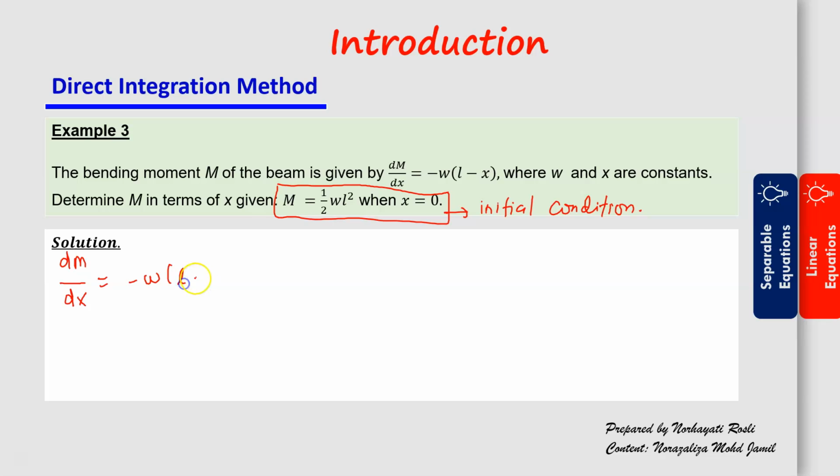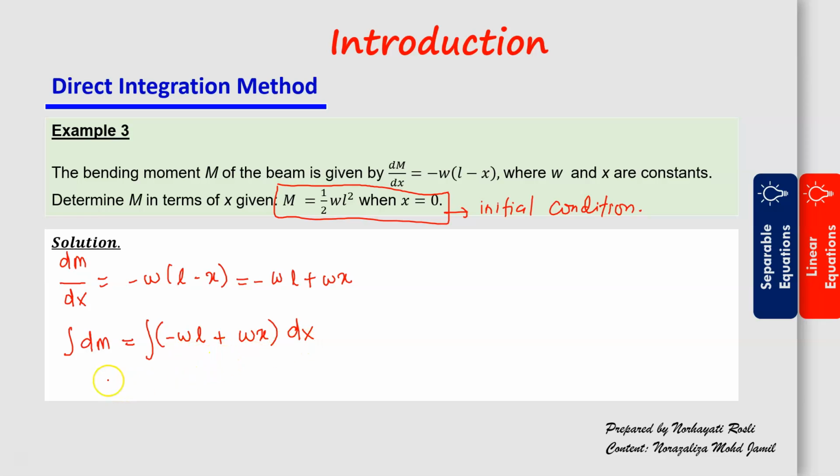So class, what we need to do here: we have the problem dM/dx equal to negative W(L minus x). The first step you need to do is expand this equation. You will have negative WL plus Wx. So now, when we want to solve this one, we need to integrate both sides. So we integrate dM equal to the integration of negative WL plus Wx dx.